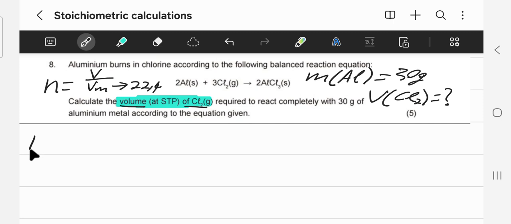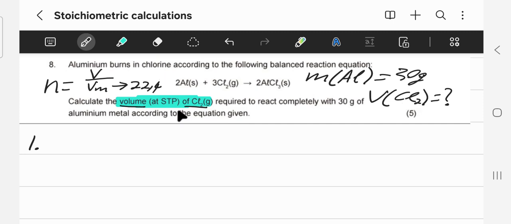Okay, the first thing that we're gonna do here guys is to convert the mass of the aluminum into the number of moles, because we need to figure out the number of moles of chlorine using the number of moles of aluminium. And how are we going to find the number of moles of chlorine?